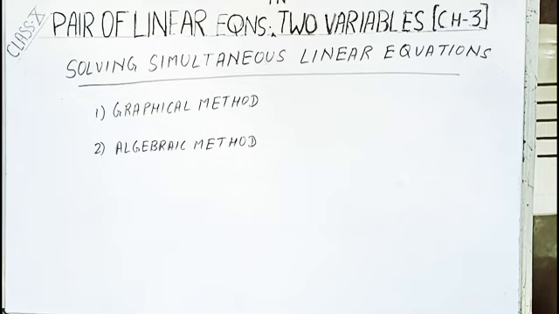In the graphical method we will deal with three cases, where the system of linear equations has a unique solution, infinite solutions and no solution. In the algebraic method we will learn three methods: substitution method, elimination method and cross multiplication method. We will do all the methods step by step. So let us first go to the graphical method of solving simultaneous linear equations.